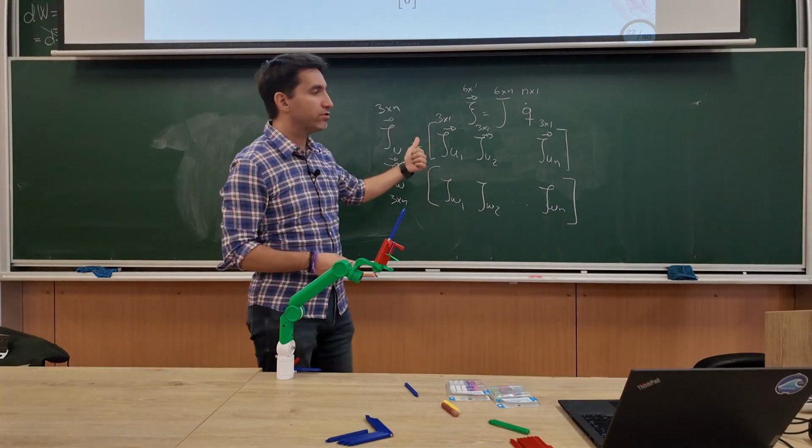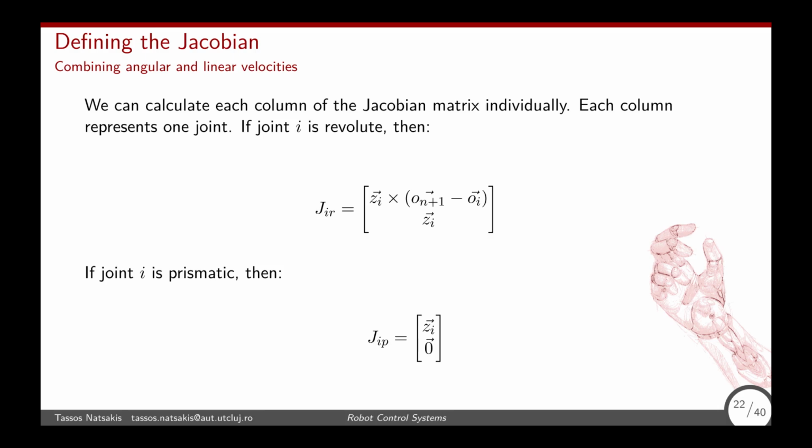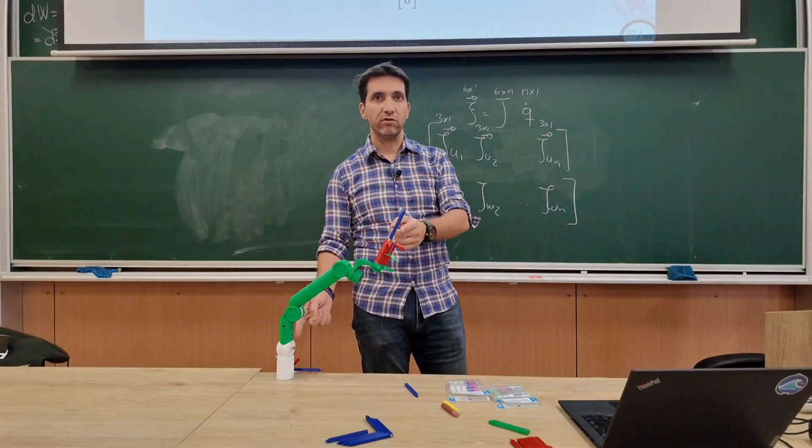I check, is it revolute? If it's revolute, I follow the top definition. If it's prismatic, I follow the bottom definition, which tells me what? The top definition will give me a 6 by 1 vector. The first 3 elements would be the linear Jacobian for that joint, which is, as we saw, the cross product of the direction of the joint, the axis of rotation of the joint, with the vector connecting the origin of the joint with the end effector origin.